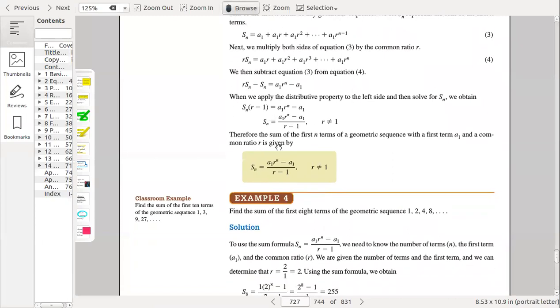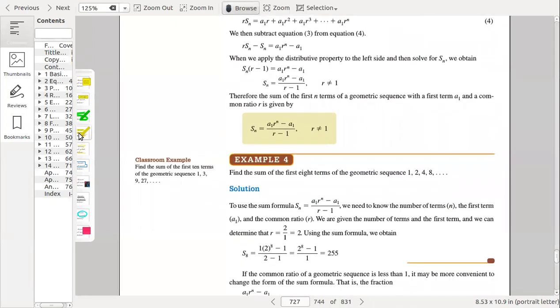Therefore the sum of the first n terms of a geometric sequence with first term a1 and common ratio r is given by the formula Sn is equal to a1 r power n minus a1 over r minus 1, r is not equal to 1. Or you can take a1 as a common factor: a1 into r power n minus 1 over r minus 1.